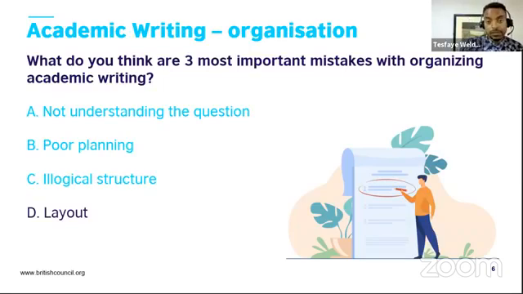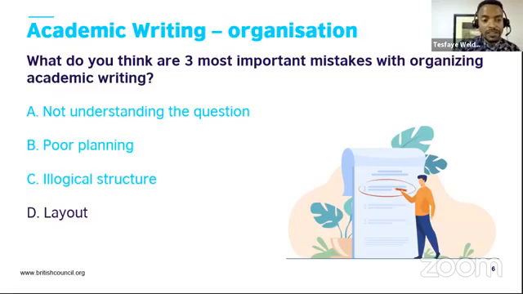The other common or important mistake is poor planning. Do we thoroughly plan? Do we think about each bit of the writing? Illogical structure, that's another one. Layout can be embedded into these three aspects.